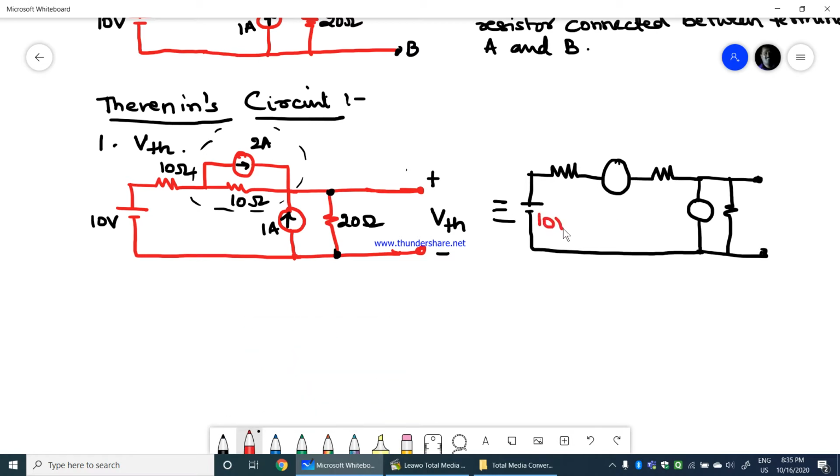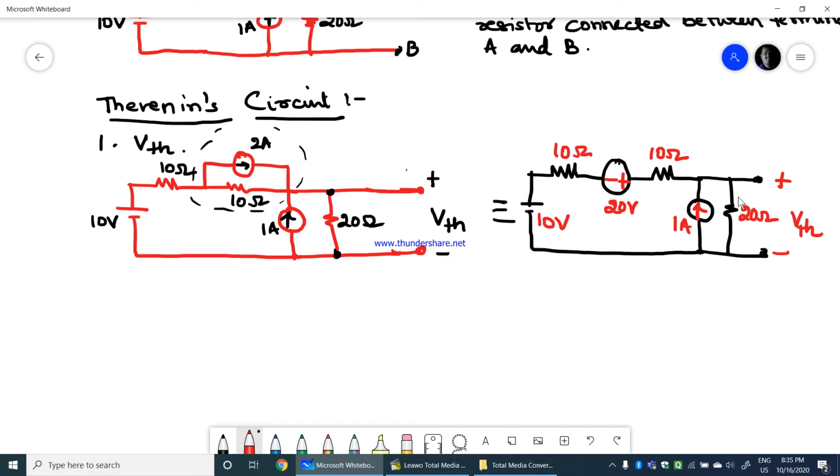So I have 10 volts here, 10 ohms here, then this is minus plus because the arrow is towards the right side. So 2 into 10 is 20 volts, and this is again 10 ohms, this is 1 amp, and this is 20 ohms, and this is plus minus VTH, the Thevenin's equivalent voltage value that we need to find out.